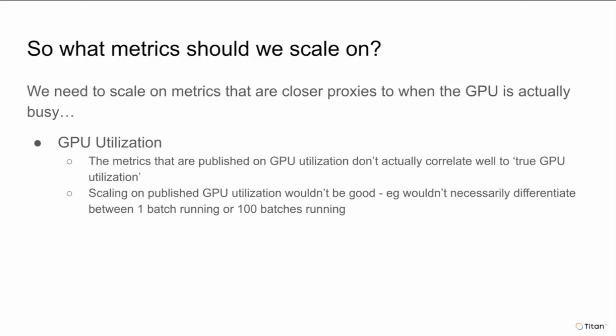And if you know anything about GPUs, you'll know that GPUs are really good at parallel processing. So it's not important to me if it's doing one calculation. What's valuable to me is whether it's doing 1,000 calculations or has run out of parallel processing. So if I were to scale on the published metric of GPU utilization, that would not be good because it wouldn't be able to differentiate, for example, between one batch running and 100 batches running. And so I wouldn't be getting the right sensitivity of when I need more GPUs or fewer GPUs. So GPU utilization is not the one to scale on.